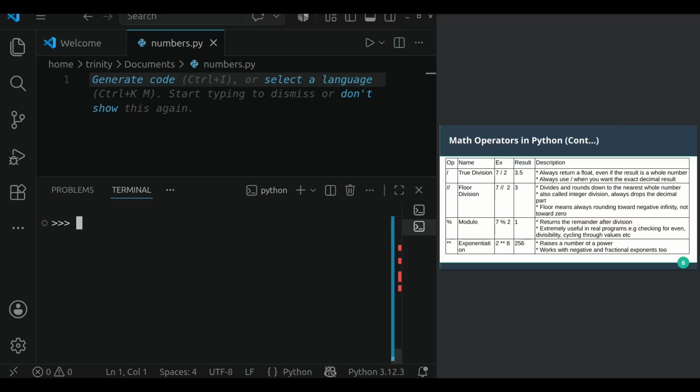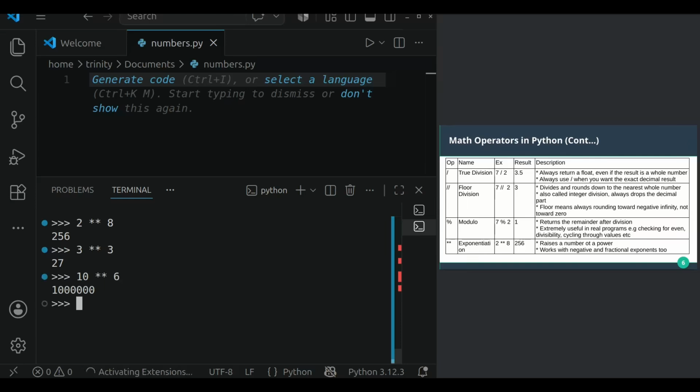The exponentiation raises a number to a power, and it works with negative and fractional exponents too. So let's try this out at our shell. We have 2 exponent 8, which gives us 256. We have 3 exponent 3, which gives us the cube, which is 27. We have 10 exponent 6, which will give us 1,000,000.